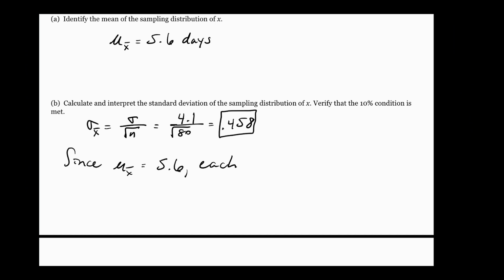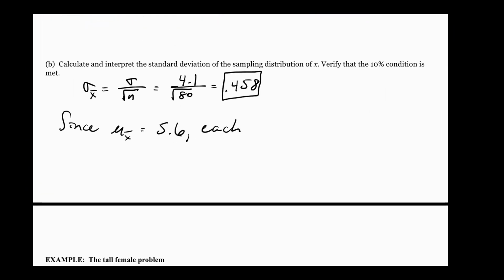So if I took just one, it might be 5.6 average, it might not be. There's some variance there, right? So each sample mean will vary by 0.458, by about half a day.